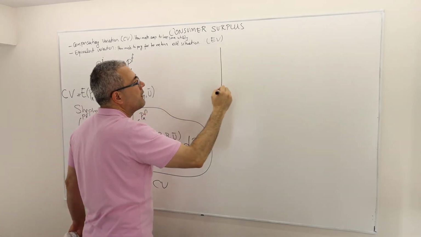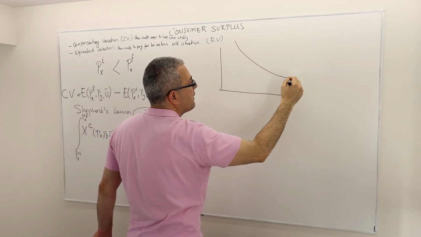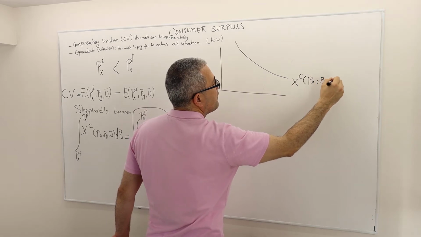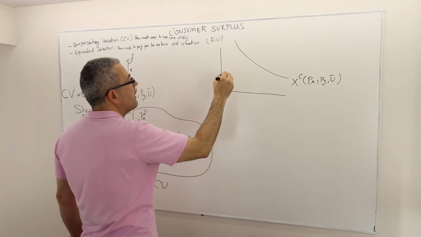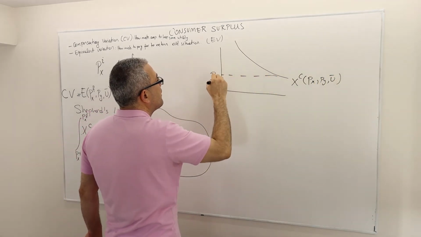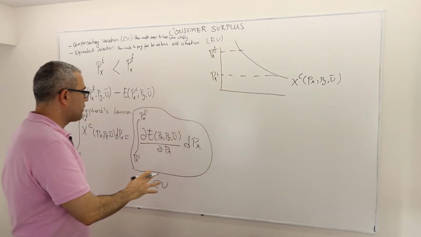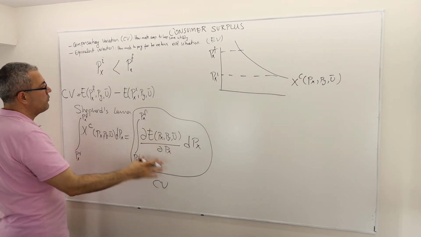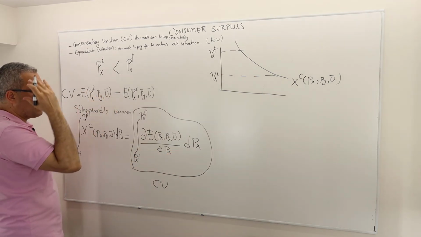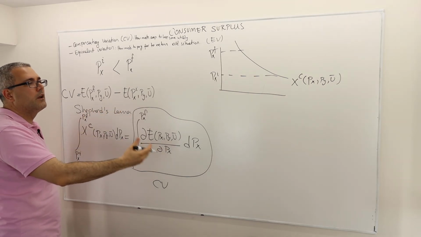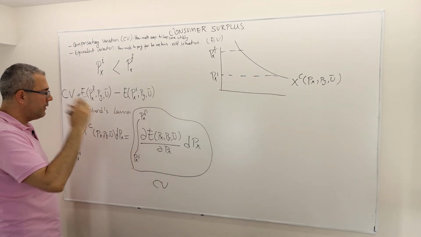So this is my compensated demand curve, XC, PX, PY, and U bar. So it basically says, look, this is my PX initial, this is my PX final. So therefore, this compensating variation makes sense because the idea is the following: how much additional money I need to pay this guy to keep his level of utility the same.